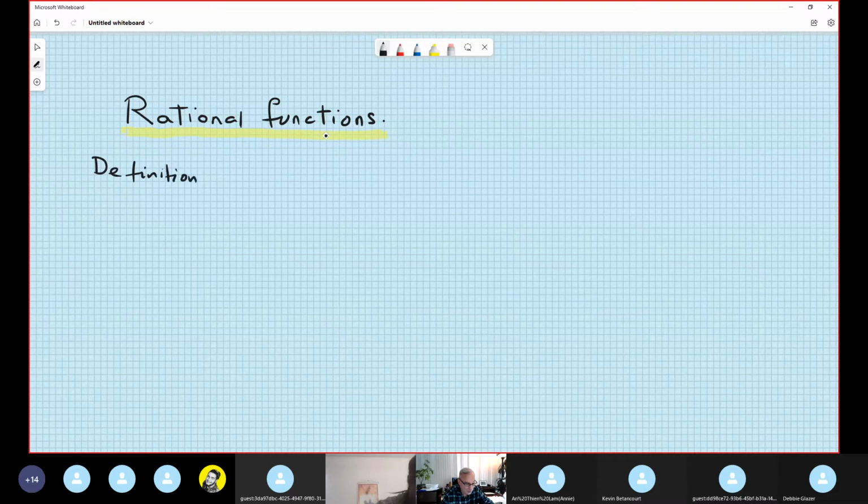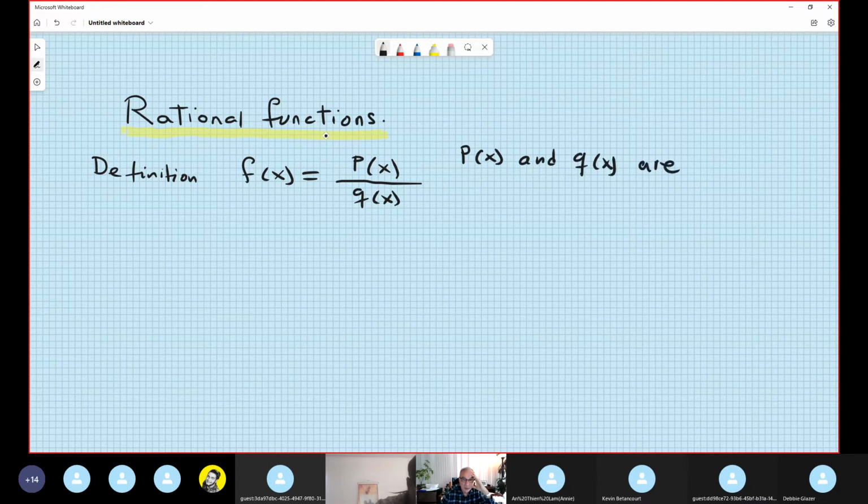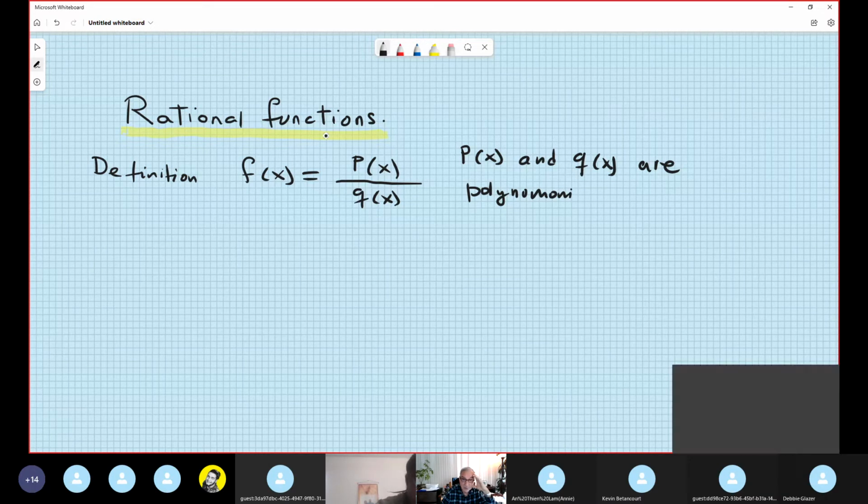A rational function is a function that we obtain when you divide two polynomials, P and Q. Who is P and who is Q? P and Q are polynomial functions.